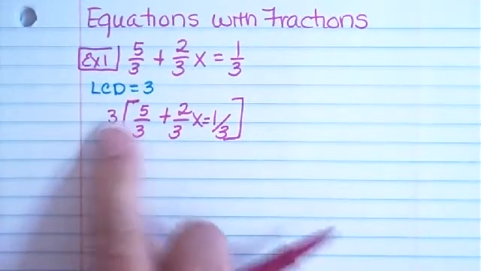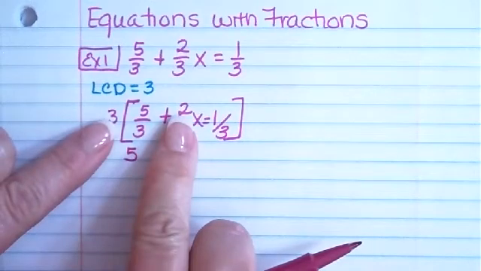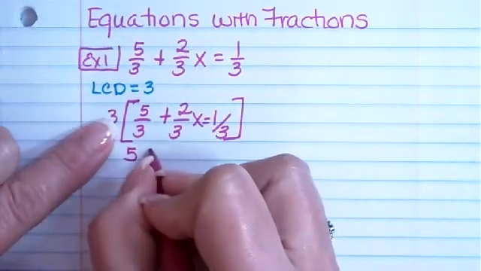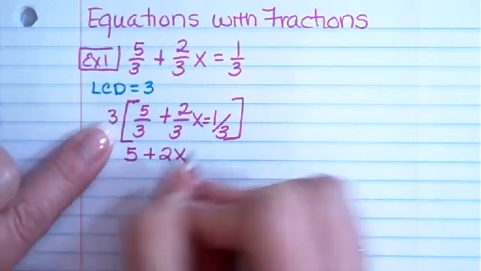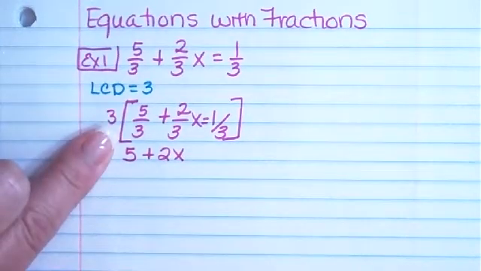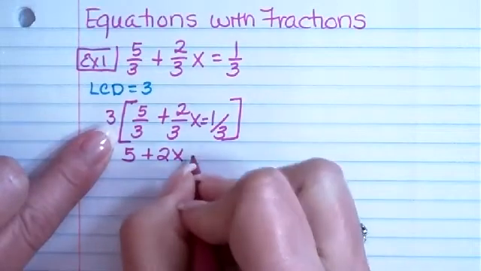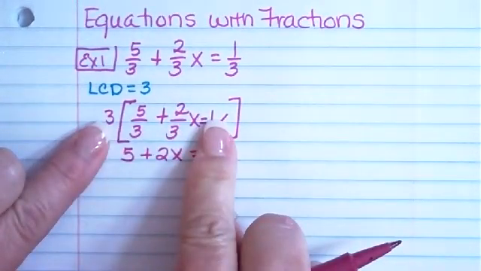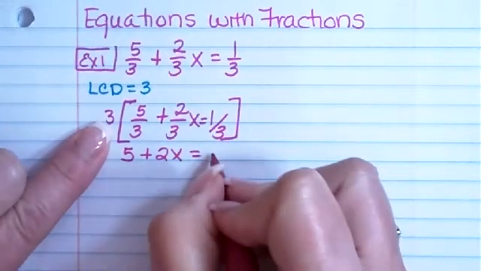Right here, I'm multiplying the 2 by the 3, but I'm dividing it by the 3 so they cancel out, and that leaves me with 2x. And same thing over here. If I multiply 1 by 3 and divide it by 3, I just get 1.